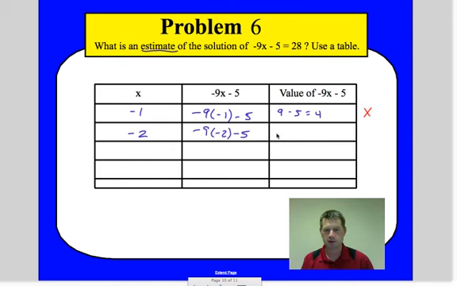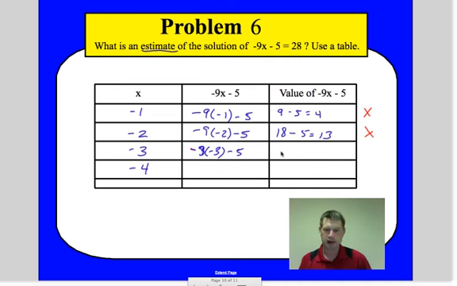That's going to give you a positive 18 minus 5, which now is 13, which still isn't right, and we keep working up the food chain here. Negative 3, and we're going to go to negative 4. So now we have negative 9 times negative 3, minus 5.